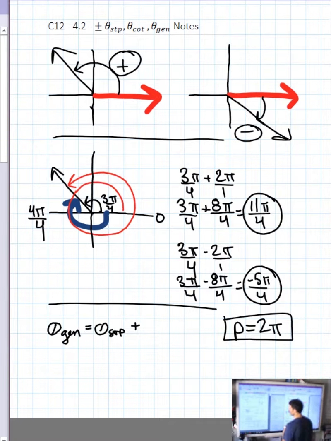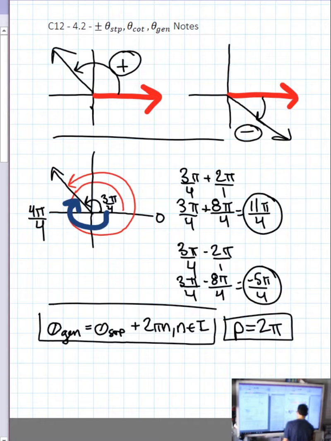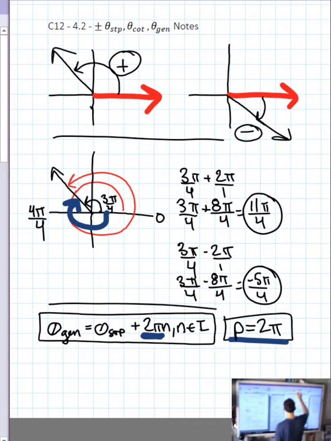So we say plus 2 pi n, comma n is an element of the integers, or n in Z, or some version of that, depending on what your teacher likes. Therefore, if that is my general equation, keep in mind, underlining in big blue, this 2 pi was the period, and that's going to change a lot. On our formula sheets, I've actually said theta plus P n, which is more specific.